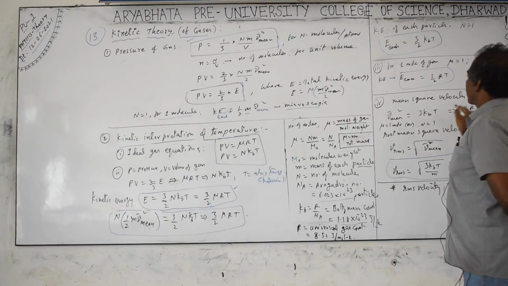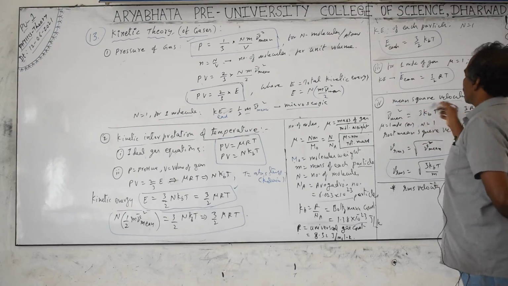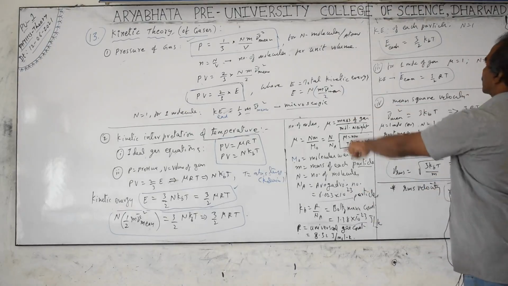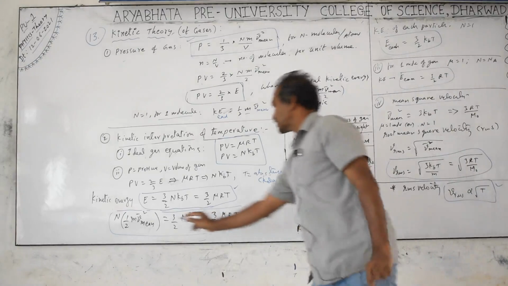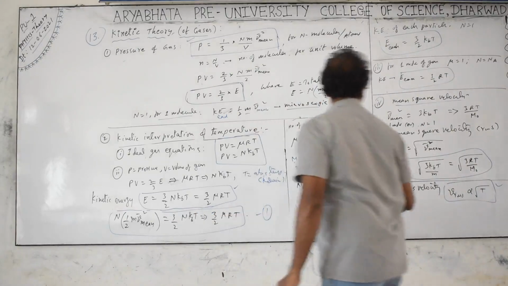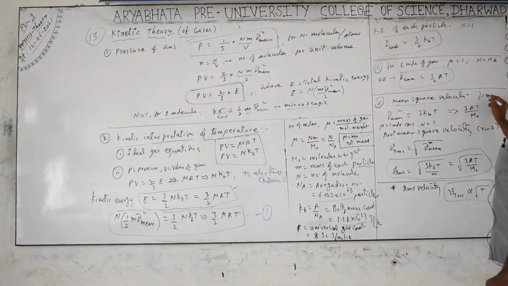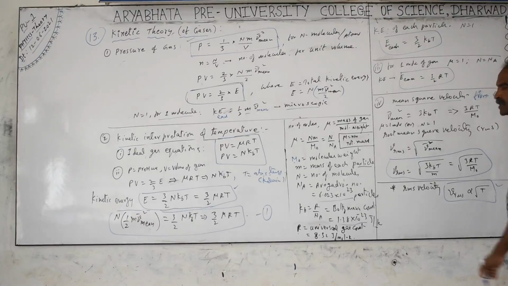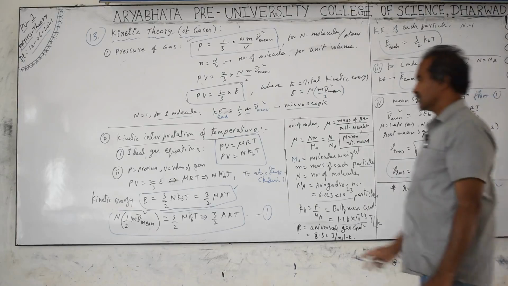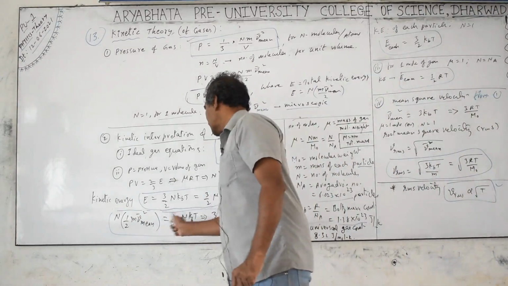Next is mean square velocity. We already have the mean square velocity expression from equation 1. From equation 1, cross multiply and you will get the expression: the half cancels, the 2 cancels, and N cancels.